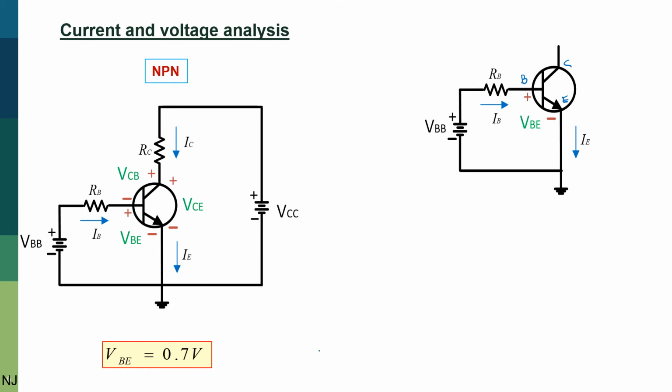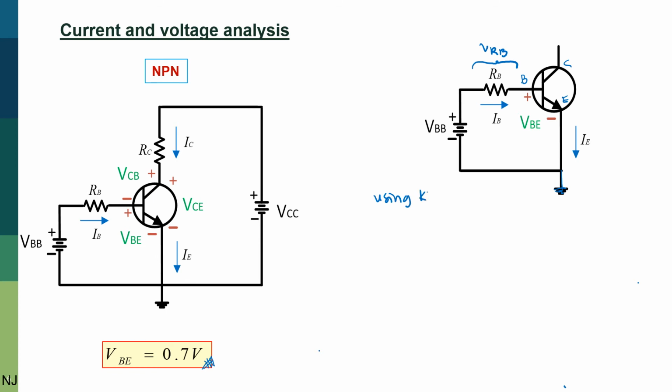So we can say that VBE equals 0.7 volt. And as the emitter is at ground, the voltage across RB, or VRB, can be found using KVL.